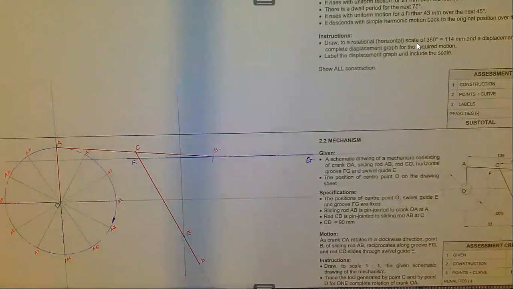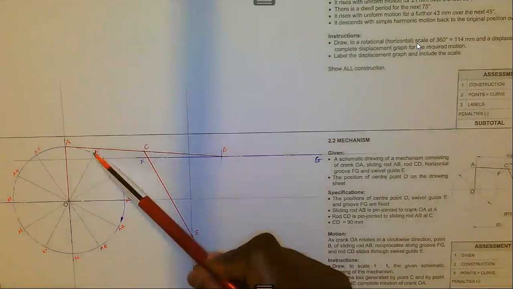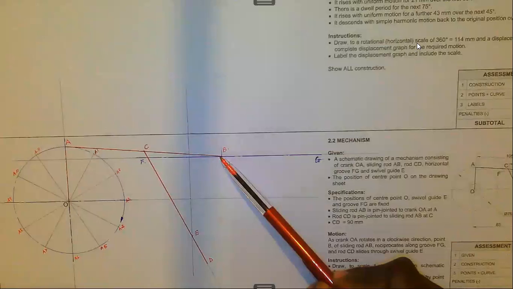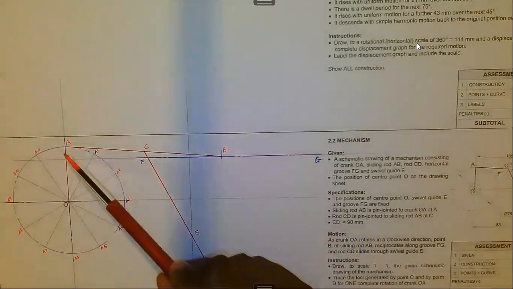Right. So you are going to do the movement in terms of intervals. The intervals are these divisions that we have created. So you are going to move point A to there, see where point B would be, move point A from here to there and see where point B would be, to find the new position of point B.